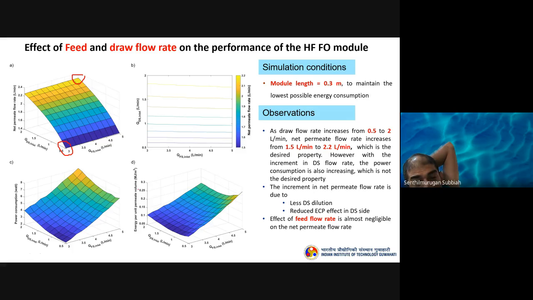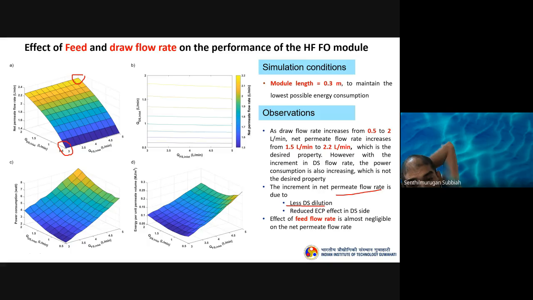If the energy consumption is huge, then the process is useless. Even though you can get a very high volume of water, that doesn't mean the process is superior, depending upon the scenario.